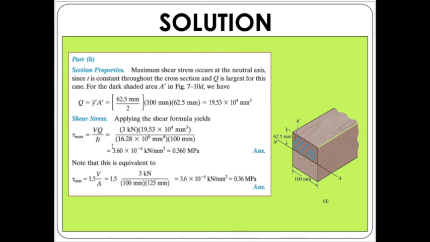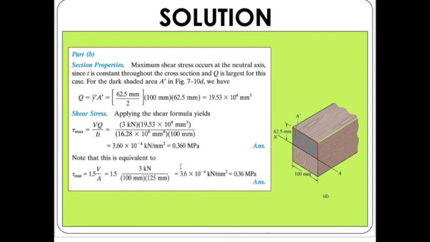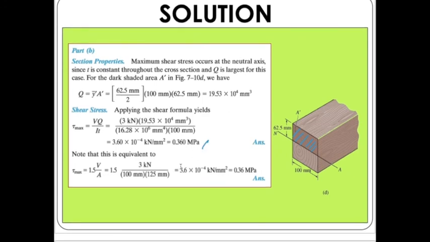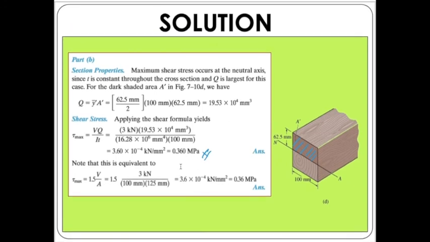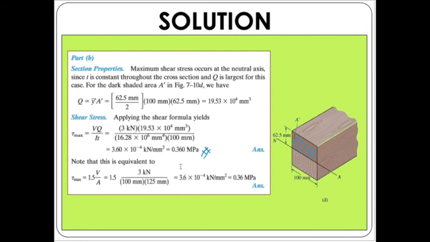Here we substitute V, Q, and also IT. When we calculate, we have 0.36 MPa. We can also use the standard equation that I have shown you earlier for a rectangular section, where we have 1.5 V over A. This is the typical equation that is particularly for a rectangular section.